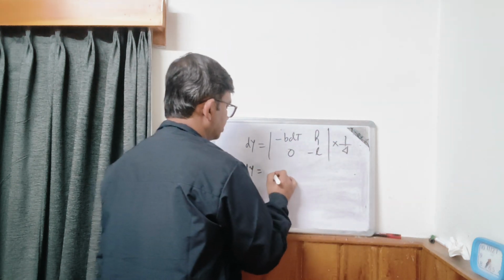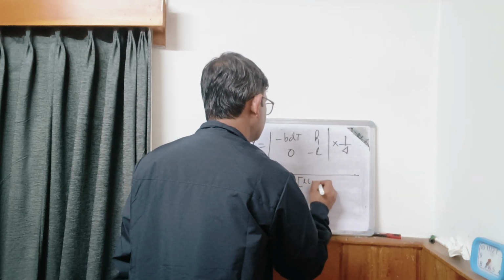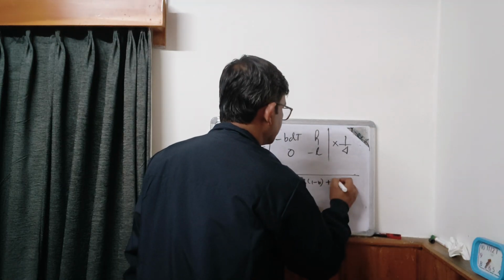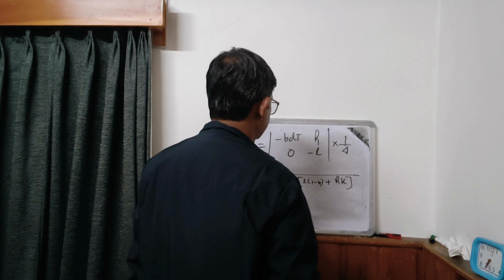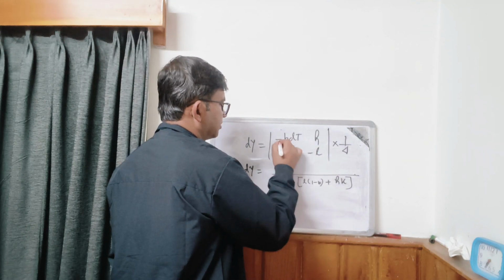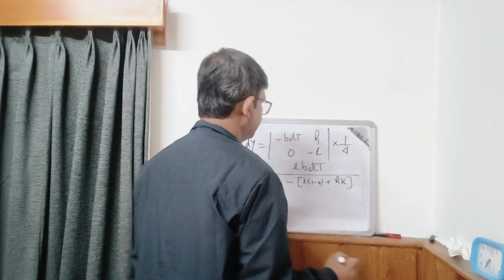So dY equals to, we can write here, minus L into 1 minus b plus h into k in the denominator, and in the numerator it will be minus minus plus L into b into dT.